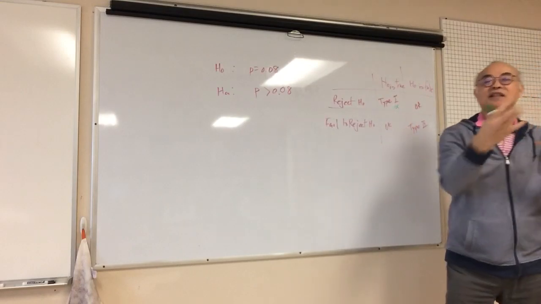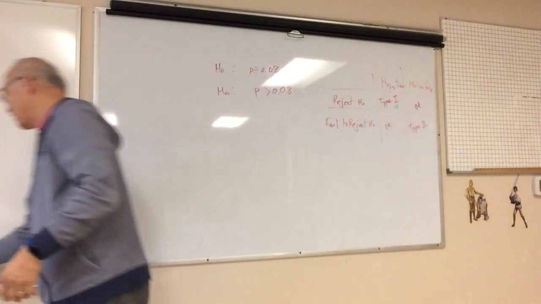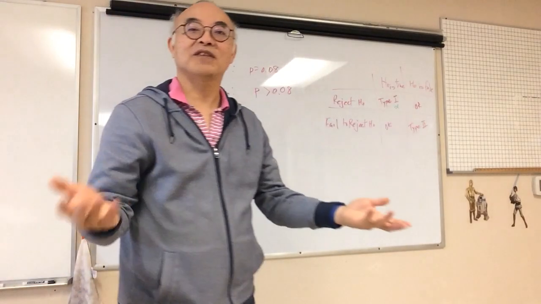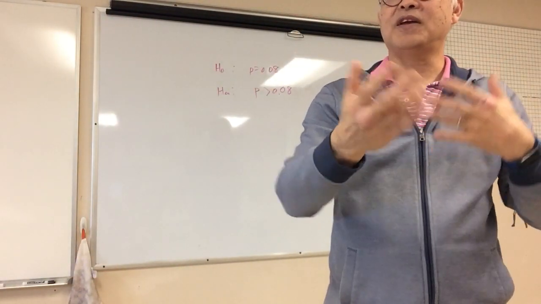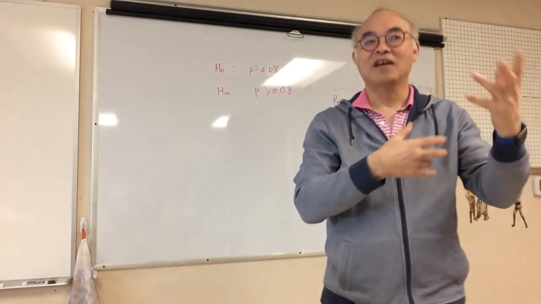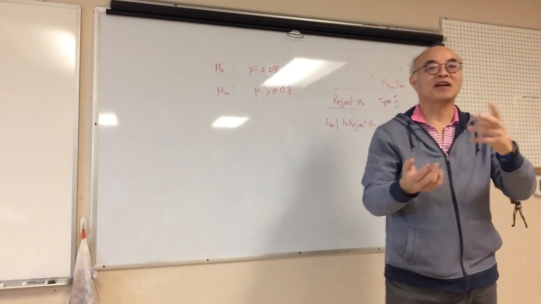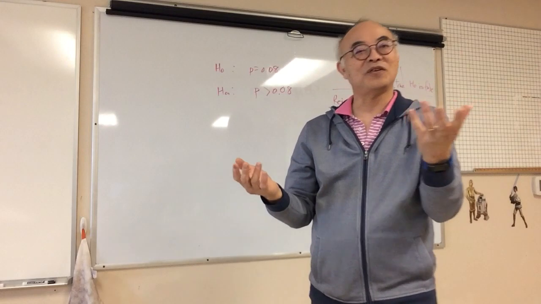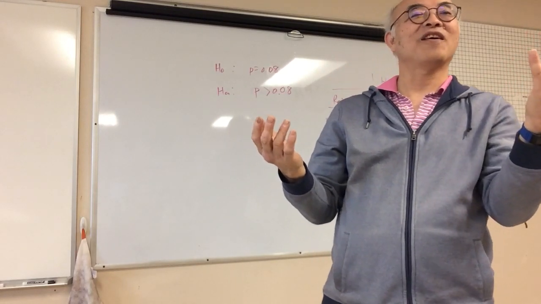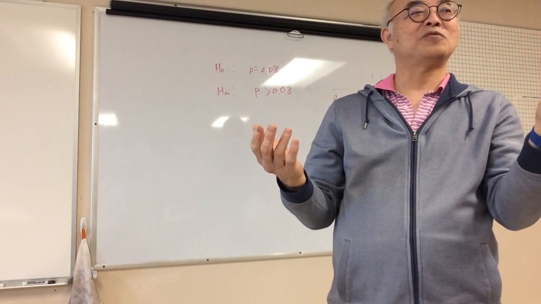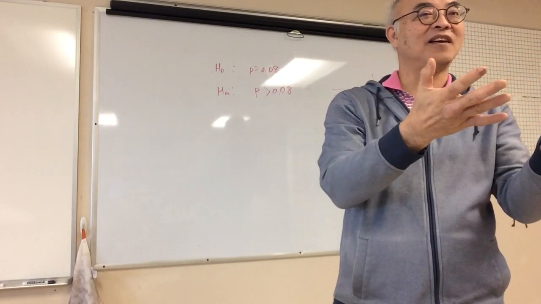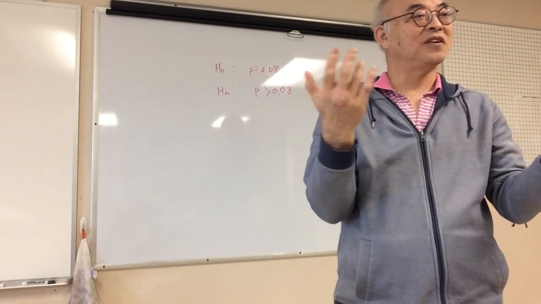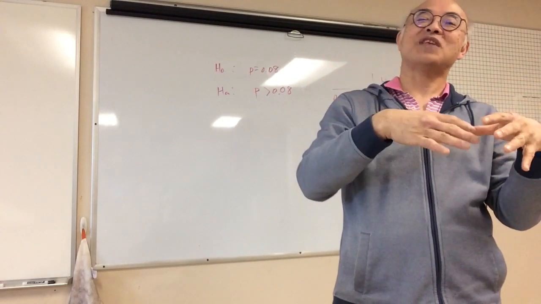So a type 1 error is kind of like a false positive on a test. Say you took a test to see if you had cancer, and you had a type 2 error, which means that you should have been told you had cancer, but it's a false negative.